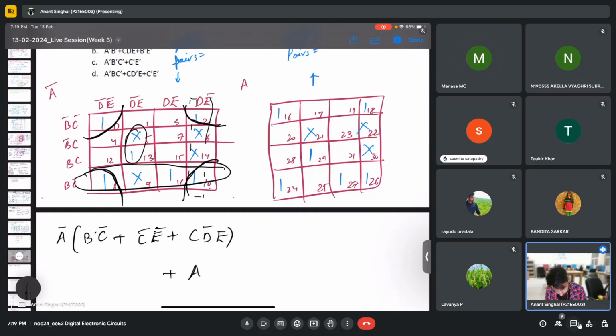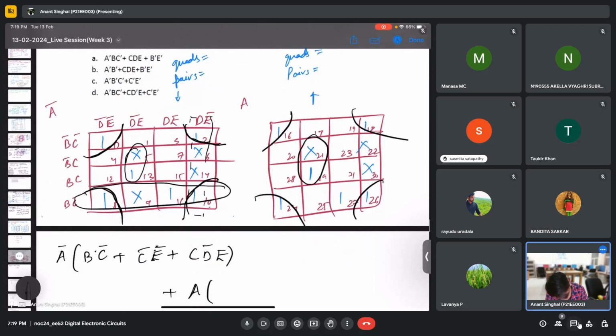So similarly for the right one, I'm taking the corner ones. Both are not similar, and I'm taking this. It's 27. Okay, so I have not written this correctly. This is not 1, this is 29.